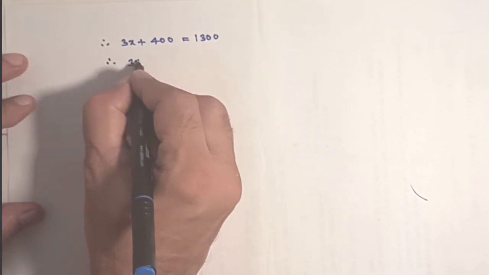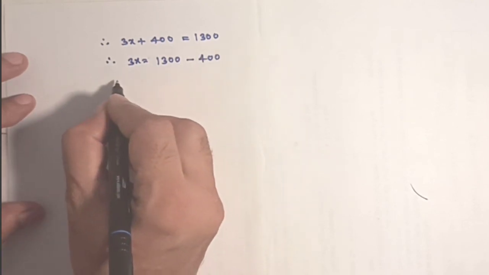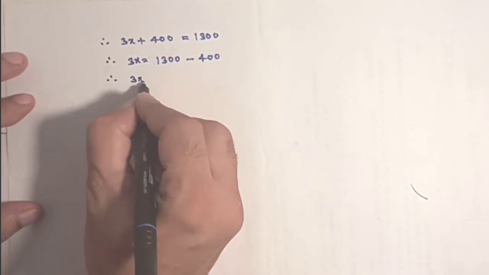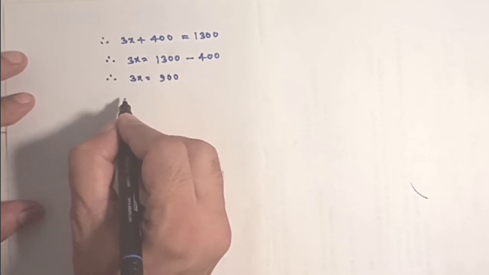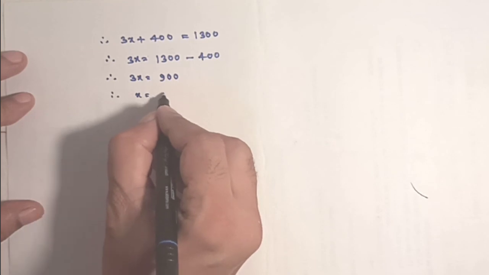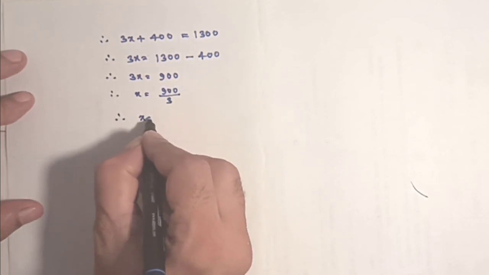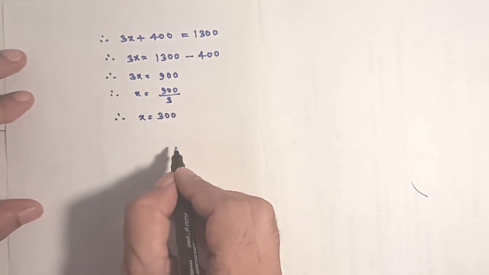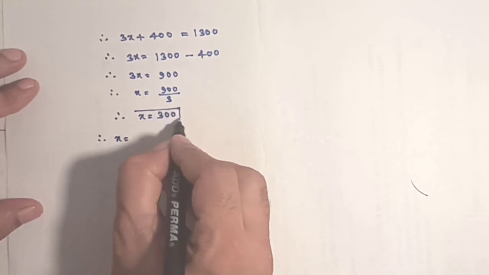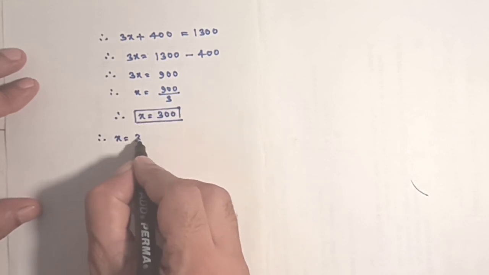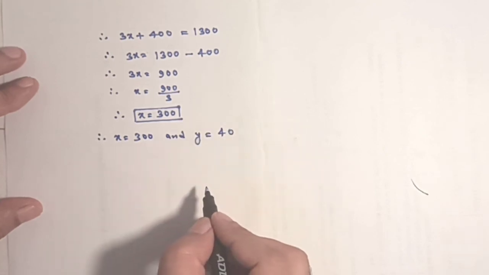Therefore 3x is equal to 1300 minus 400. Therefore 3x is equal to 900. Therefore x is equal to 900 upon 3. Therefore x is equal to 300. So you got x is equal to 300 and y is equal to 40.